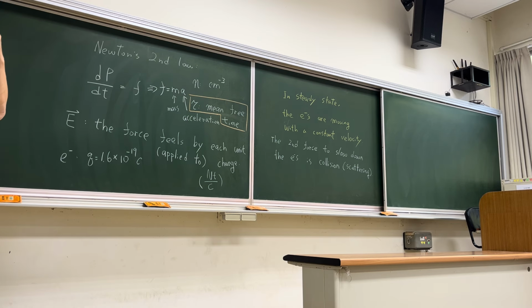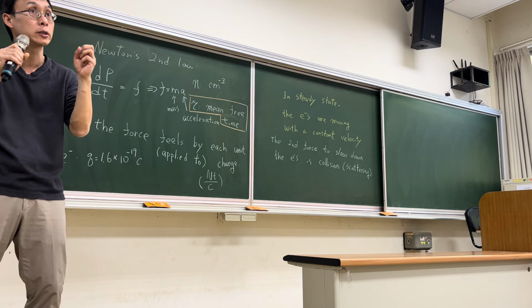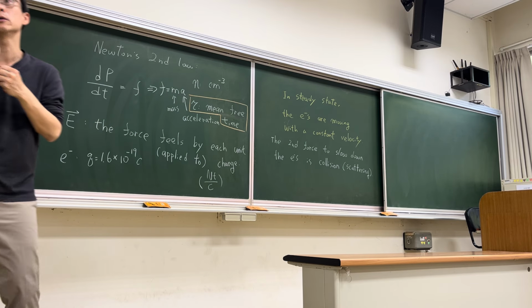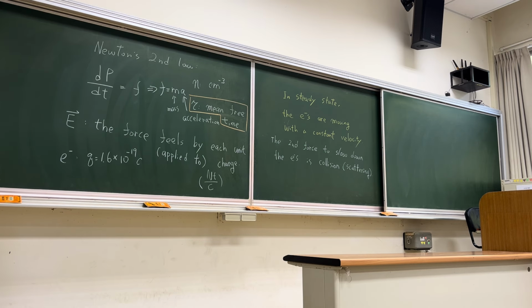The mean free time is the time waited between two consecutive collisions. Some electrons may collide after 1 second, some after 2 seconds, some after 10 seconds. Add up the collision times of all the electrons and divide by the number of electrons, and that is the average time, called the mean free time. So during this mean free time, there is no collision. That is the reason we call it free: the electron can be accelerated by the electric field without any collision.